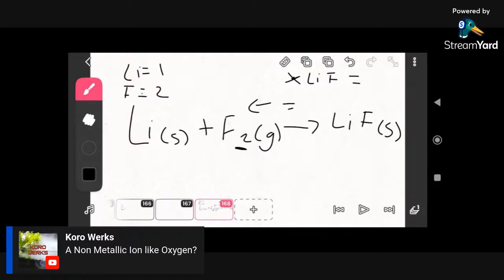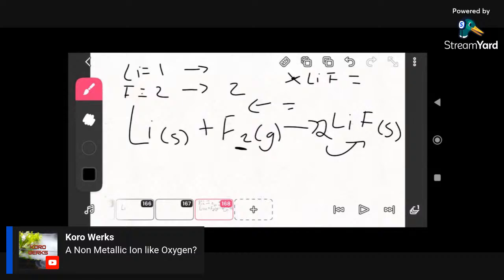They better have the same amount. So you see there's a 2 right here. No matter what, I have to put a 2 over here, and you see how I have 2 right here if I multiply it. So now I got two fluorines on the right side.